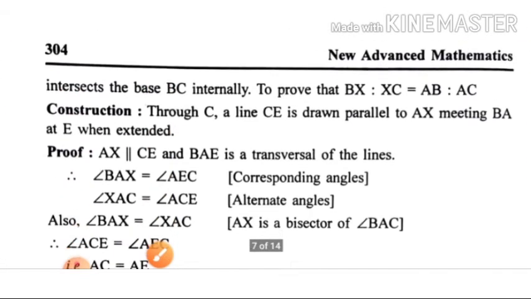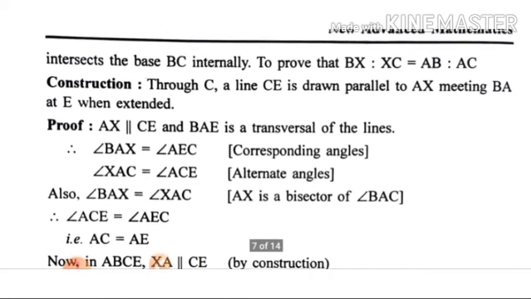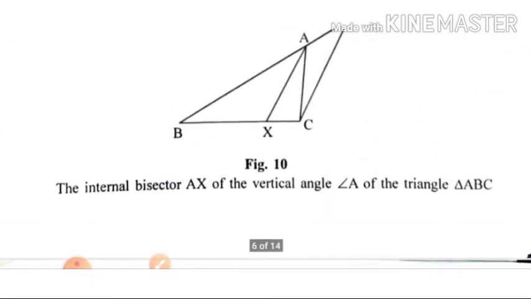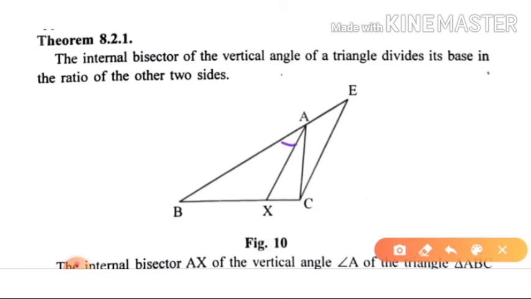Now if you can see, BAX and AEC are equal, because they are corresponding angles. These two are the lines and this is the transversal, so these two will be the corresponding angles. The corresponding angles are equal. And also you can say this angle is equal to this angle. Why? Because these two are the alternate interior angles.